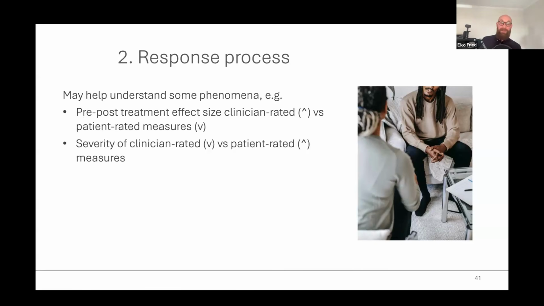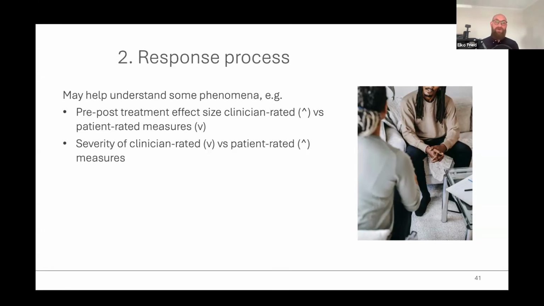And this has many potential explanations. One could be candor. So it could be that folks are less honest in clinician-rated situations. You have to remember that a lot of clinical trials do not happen with your therapist. They happen with some random person on the phone that you've never talked to, and maybe even with a robot. And so there might be a lack of candor, for example.